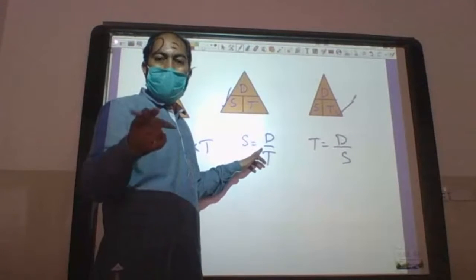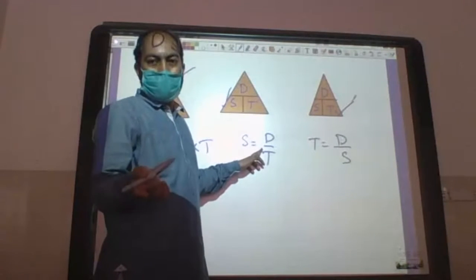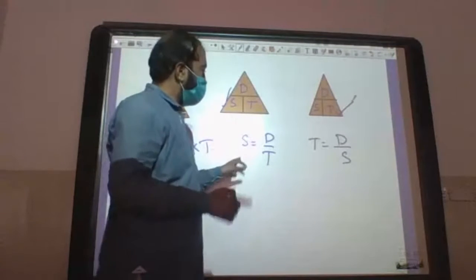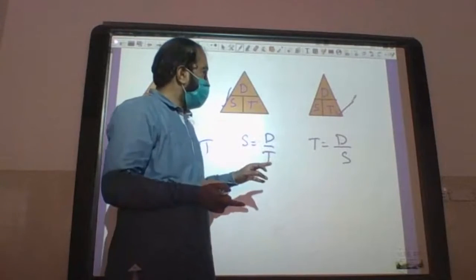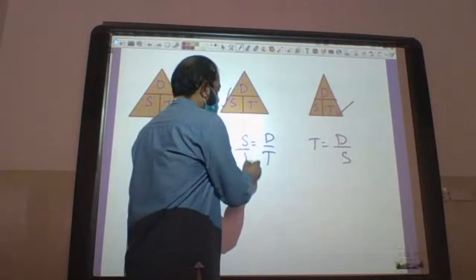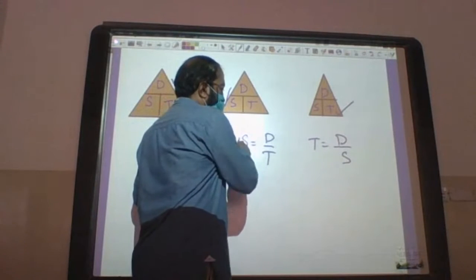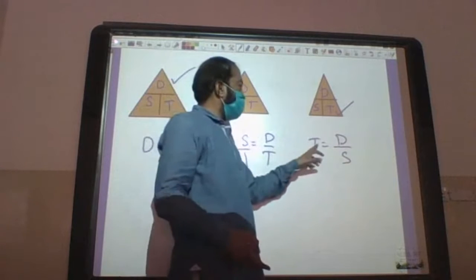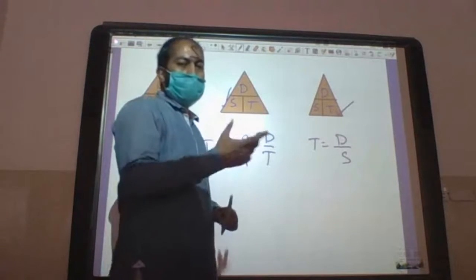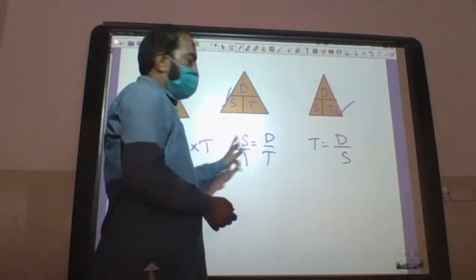You already studied the topic make the subject, if you remember. Solid, did you remember this topic, make the subject? This is exactly the same thing. What I have done is cross multiply S and T, exchange it. That's why T is equal to distance over speed. So it will give you the three formulas.